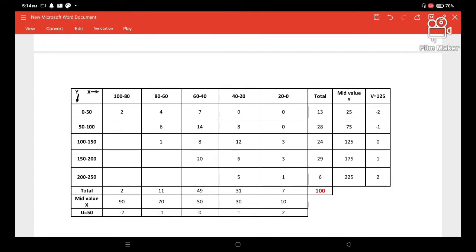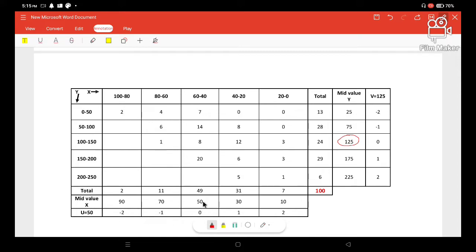Step 3: in Karl Pearson correlation, we need to assume the values u and v. For v, we assume 125 as 0, and the difference between 75 and 125 is minus 50 divided by the range 50, so it will be minus 1. 25 minus 125 is minus 100 divided by 50, so minus 2, and then 1 and 2.